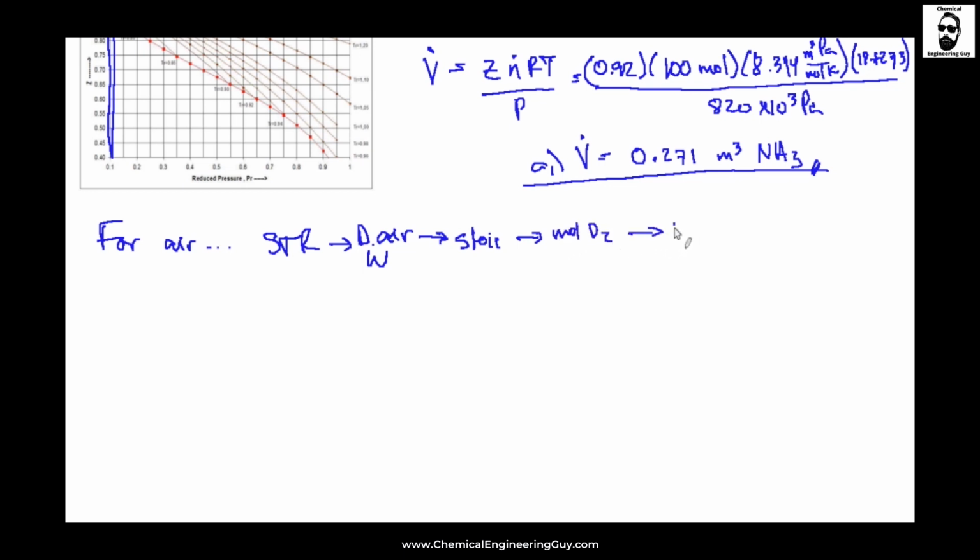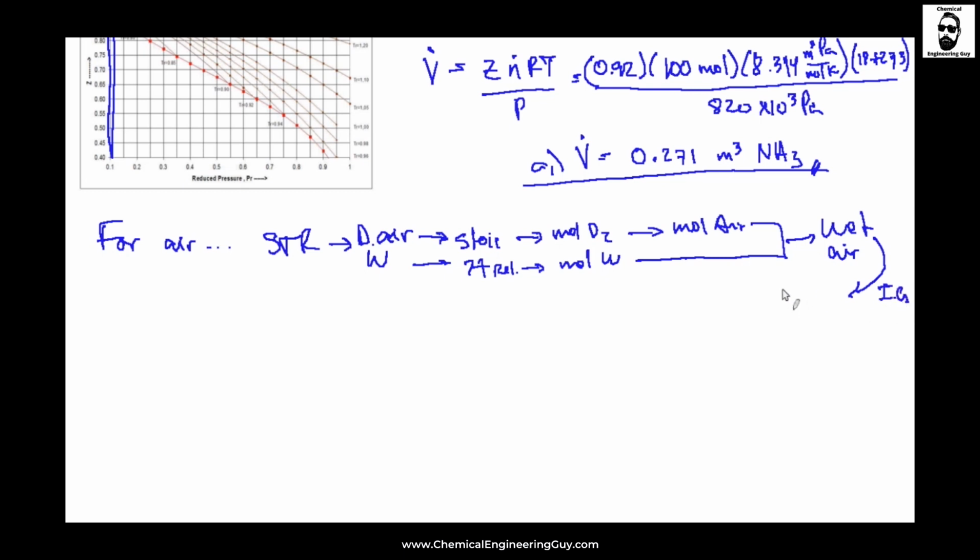And we know how much air is with that oxygen. So we find the moles of air. This water, for the other side, we're going to use the relative humidity. With relative humidity, we calculate the amount of water. And with the amount of water, we just add up these guys and we have our wet air. And then use ideal gas to get my volumetric. This is moles. This is volumetric flow of wet air.